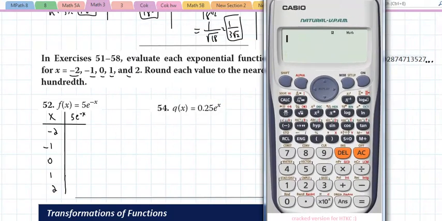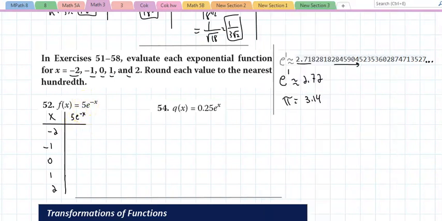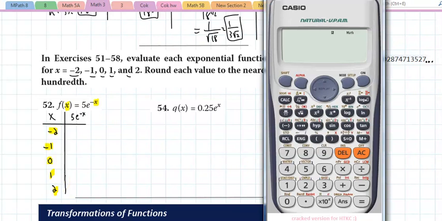All I'm going to do is replace whatever x is right there. Since I'm doing multiple things, I'm going to take 5 times e, which is right there underneath natural log, raised to the negative, and I'm going to put in parentheses a negative 2.